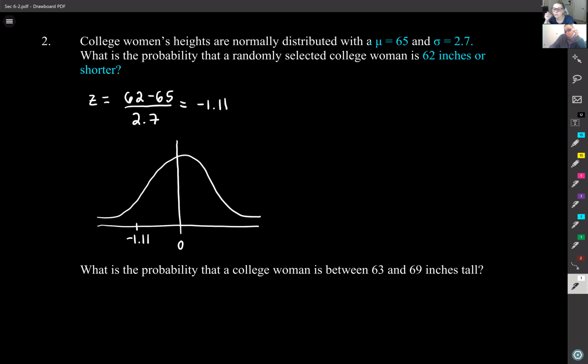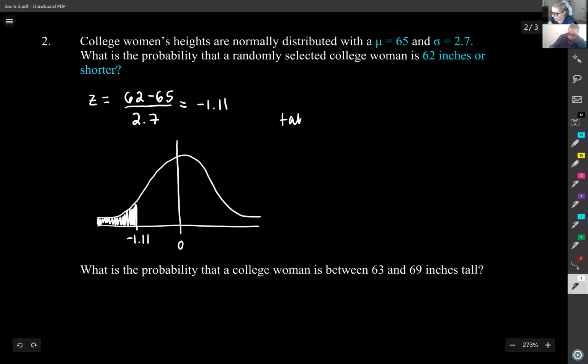So I want something that's negative 1.11 or less. That's either here or on the left-hand side, which is smaller than negative 1.11. But if you remember when we originally introduced z-scores, when you go to that table and look for the z-score, it gives you the area to the left of the z-score, which is exactly what we want. So all we have to do is go to our table and find the value associated with the z-score of negative 1.11, because that automatically gives us the area to the left of that number.